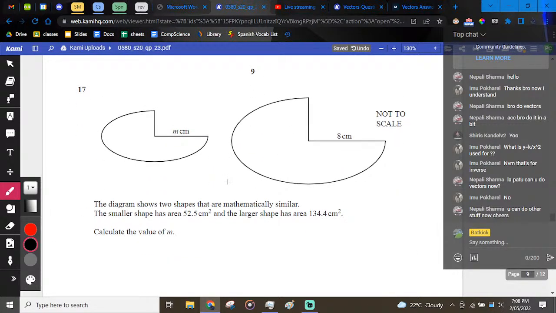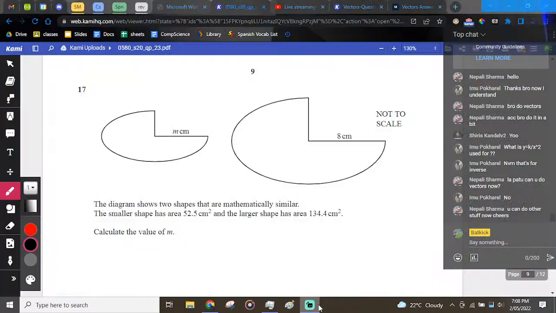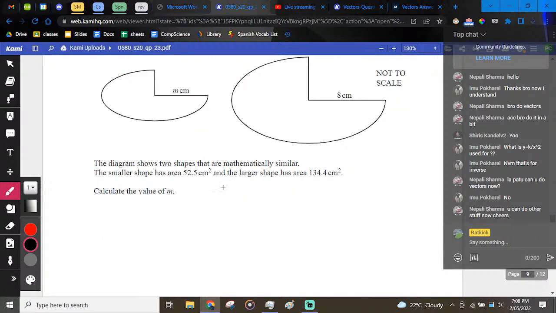Two shapes that are mathematically similar. Do not assume they are circles. They are not circles. They are flattened and widened. This diagram shows two shapes that are mathematically similar.